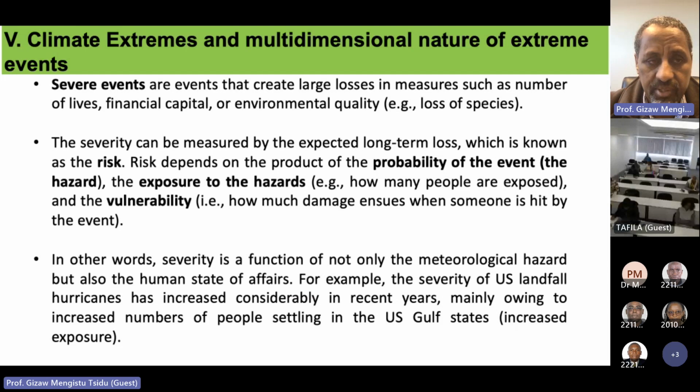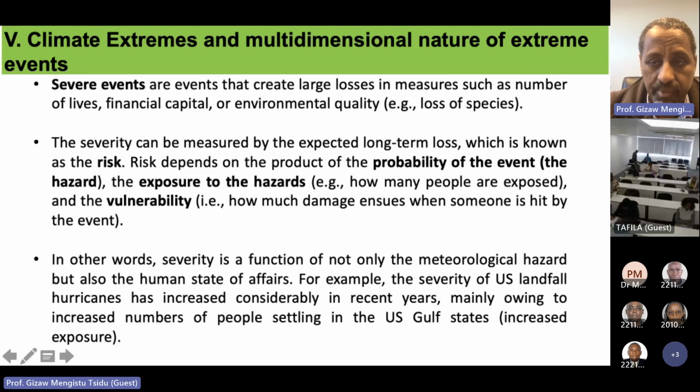We usually refer to severe events. These are events that create large loss in terms of lives, for instance, financial capital, environmental quality, for example, loss of a species. So we characterize them as severe events.